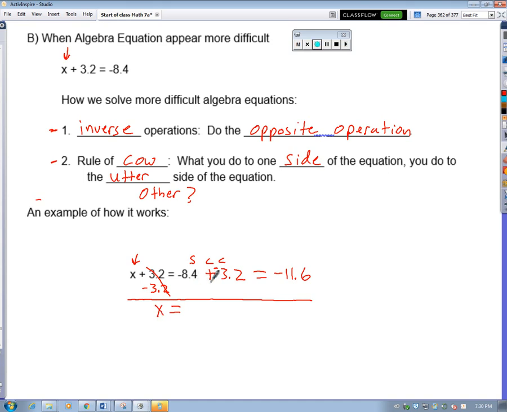Alright? Then over here, I added negative 3.2. So what I got now over here on this side is negative 11.6. Alright? And we have just solved this equation because it automatically tells us x equals negative 11.6.